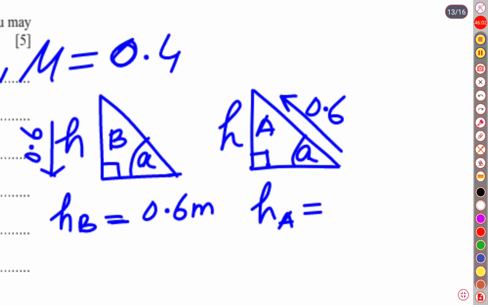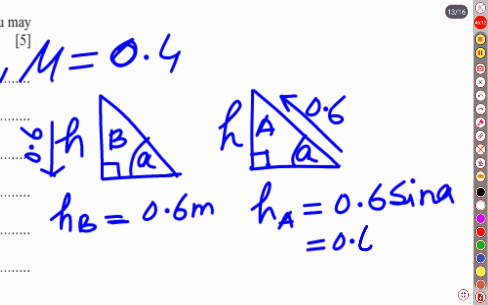So HA is equal to 0.6 sin alpha, and we have already written that sin alpha is 5 over 13. That means it is going to be 3 over 13. The final height of particle A is 3 over 13.